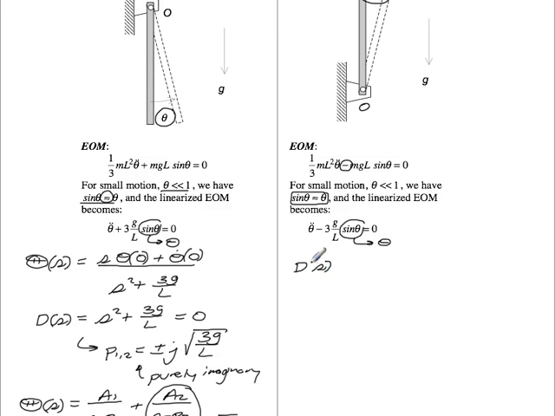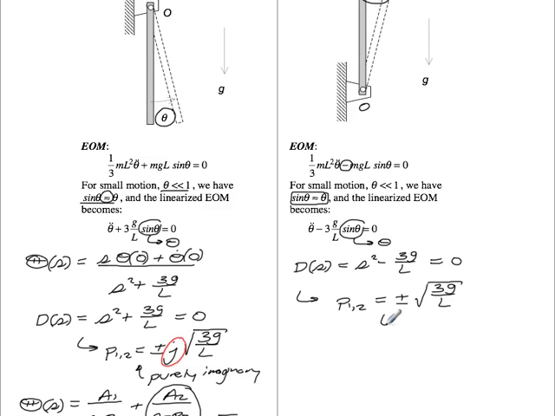Our denominator for a transform of variable is going to be S squared minus 3g over L. To find the roots of that, the poles, we get the two poles P1, P2 being plus or minus square root of 3g over L. Kind of looks like it did for the other case, except for the very important difference that on the left-hand side we had a j.